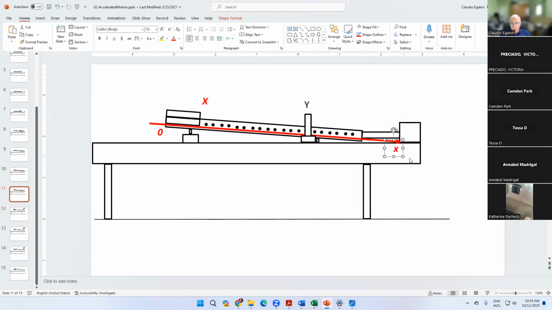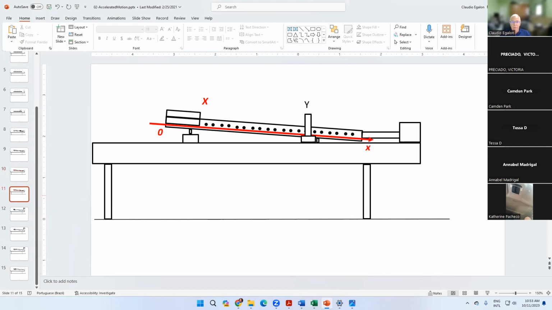Good. Let's shorten it. Okay, right in here. Okay. Yeah, I'll get rid of this axis. Good. Now it's sort of the way I want.